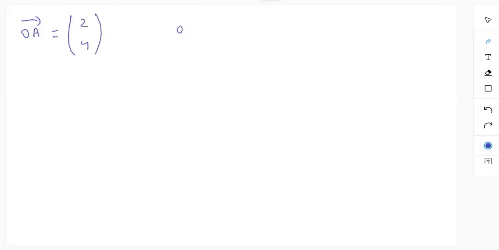You've got another vector, OB, position vector of B, and that is, let's say, 6 and 10. Let's say you've got another vector, that's OC, and that is, so I'm just making this up. I hope it works out correct. फिर एक और वेक्टर मेरे पास वो यहाँ पे, that's 14 and 22.